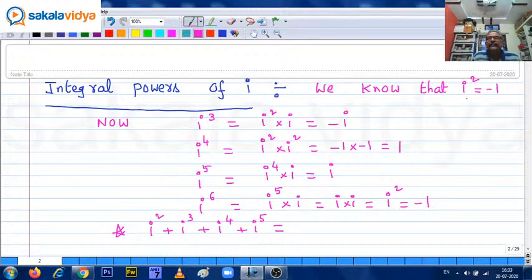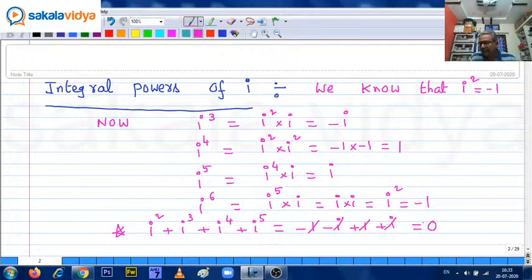I square equals minus 1, I cube is equal to minus I, I to the power of 4 is equal to plus 1, I to the power of 5 is equal to I. What happens here? The 1 gets cancelled, the I gets cancelled.